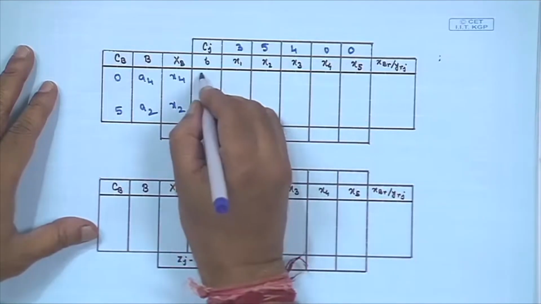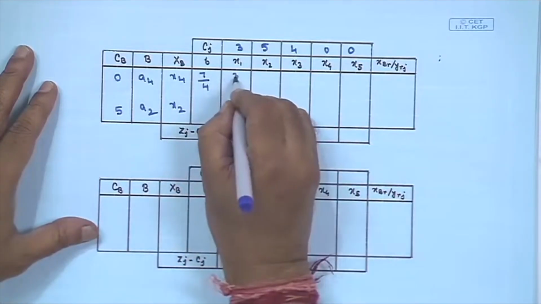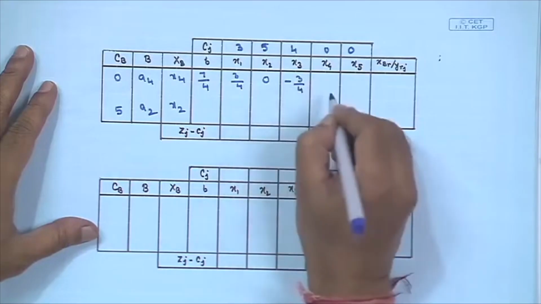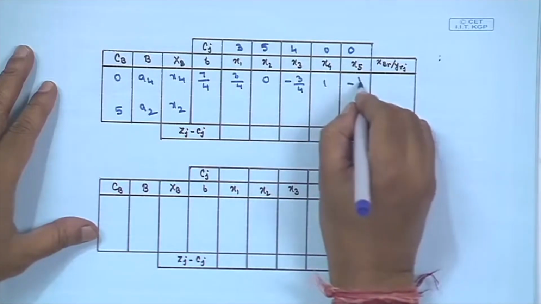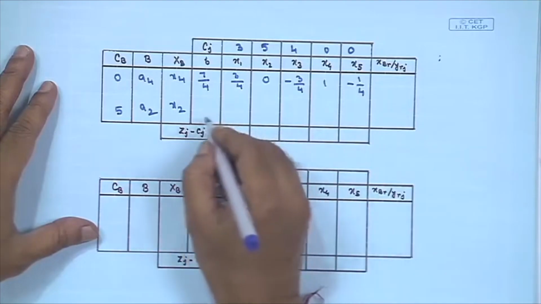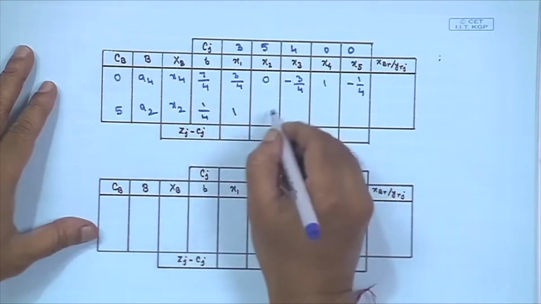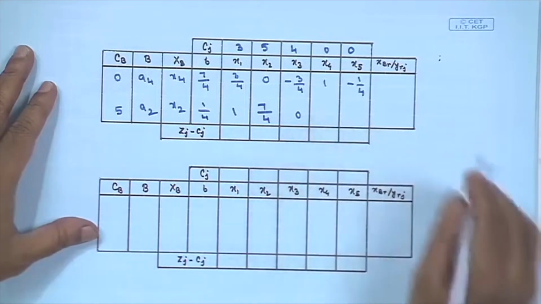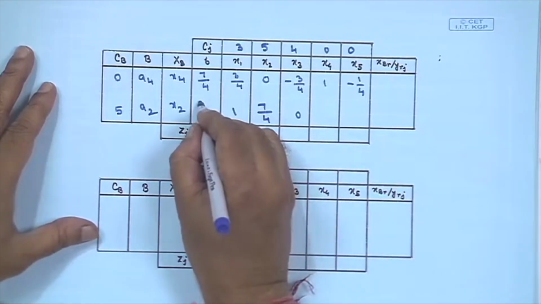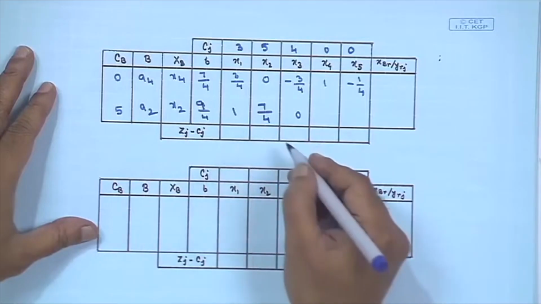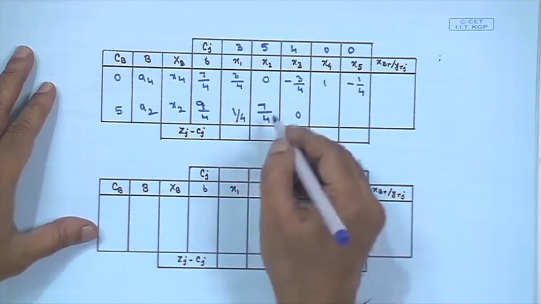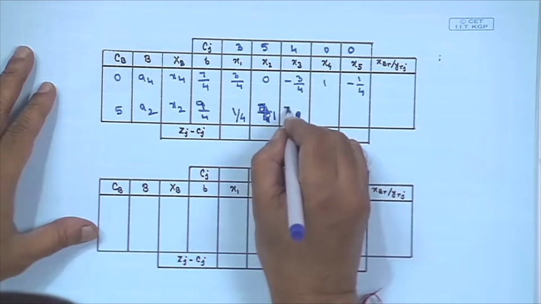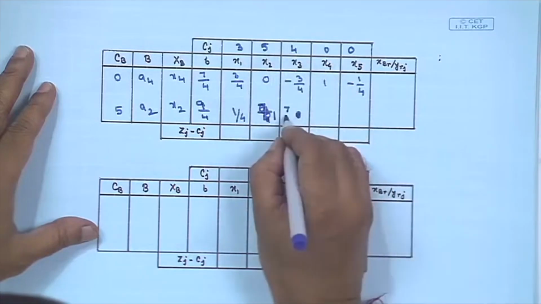Your rows will be, after manipulation, 3 by 4, 0, 1, minus 1 by 4 for the first row. Sorry, the b is 9 by 4. For the second row, 9 by 4 means this will be 1 by 4, 1, 7 by 4, 0, 1 by 4, because this has to be 1 and x 2 was the entering vector.